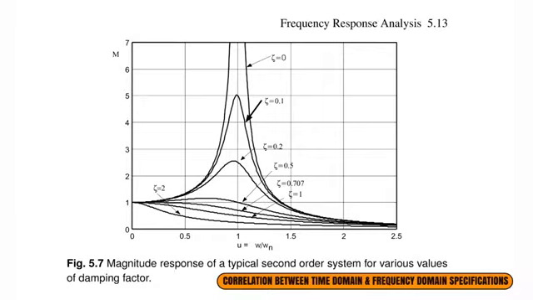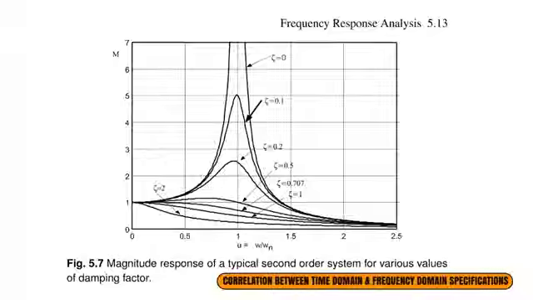In the previous slide, if we vary zeta, we get responses like this. If I vary zeta, and for different values of zeta I vary u, I get this type of response. I plotted M versus u, for different values of zeta.